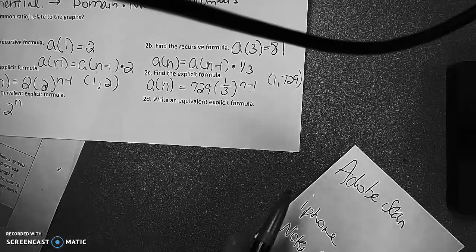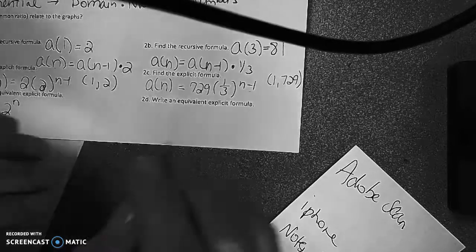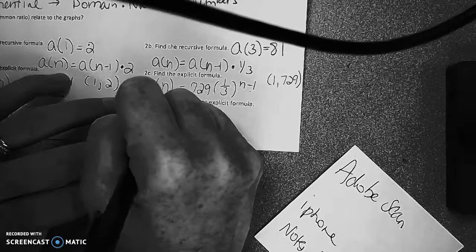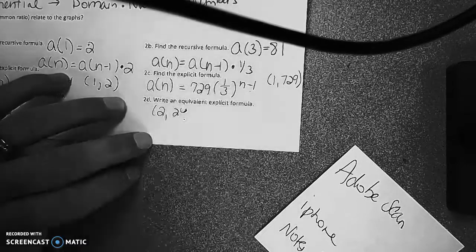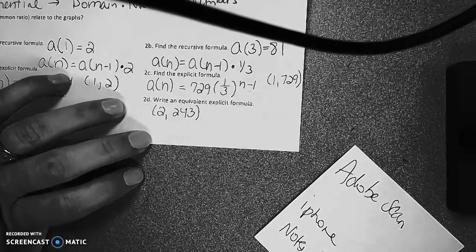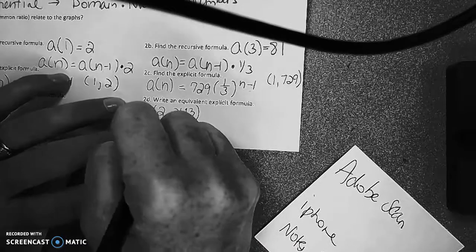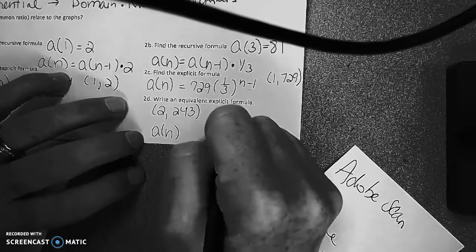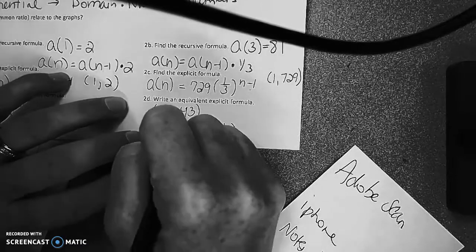Okay, let's go over here. What if instead of telling you the first term was 729, I told you to use that the second term was 243? How could you use that? Well, your common ratio, that multiplier has not changed. That multiplier is still 1/3.